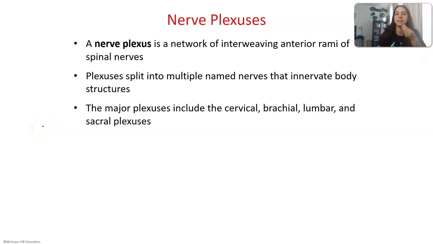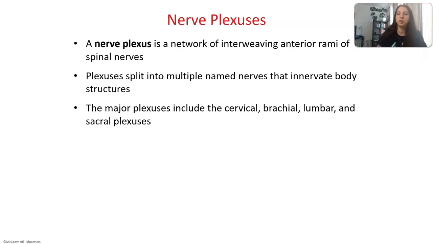The term plexus literally means a braid. The nerve plexuses give rise to the spinal nerves that we name, that innervate all of those skeletal muscles that you named and memorized their actions and attachments for in lab.